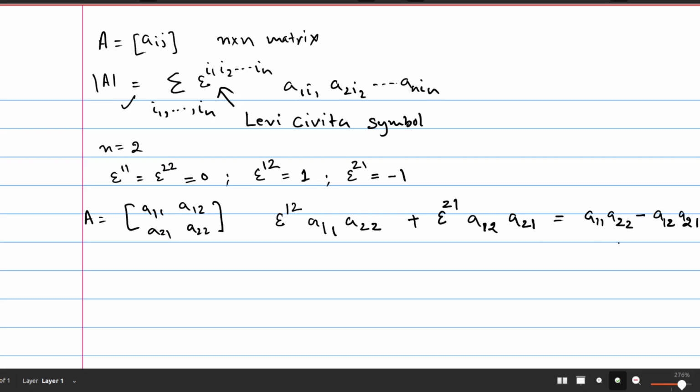This is exactly what we get if we calculate the determinant by expanding, for example, along the first row: A11 into A22 minus A12 into A21.